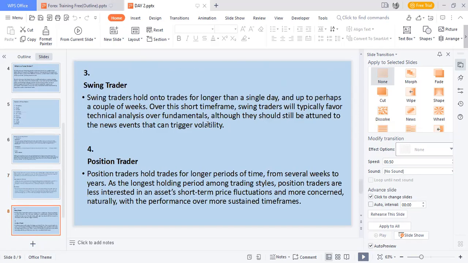Swing traders. Swing traders are traders who hold on to a trade for a long period of time. No, rather for more than a single day. What am I saying? They can also hold their trade for weeks. A trader will see that a trade is going for a buy, and you enter the market as a buy.